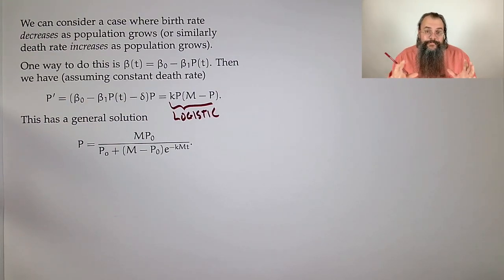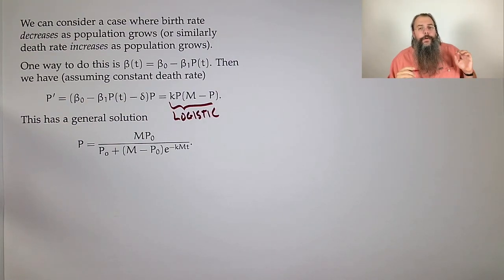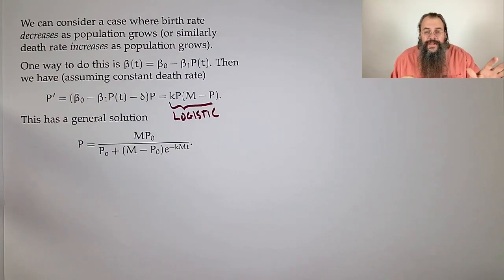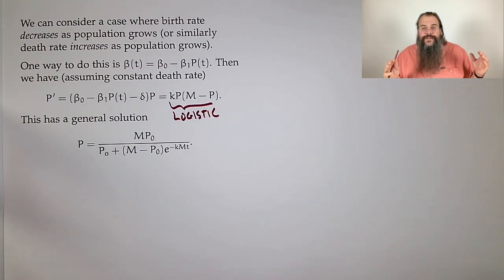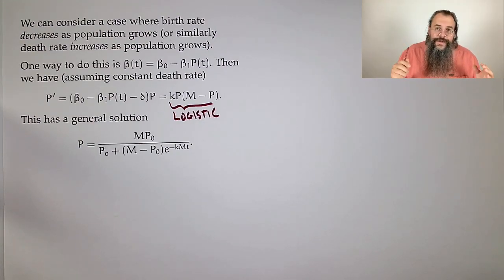Okay, that's good. Now, what happens in the long run? I'll just point out maybe one case, which is, let's suppose k is positive, and then we'll see what happens.